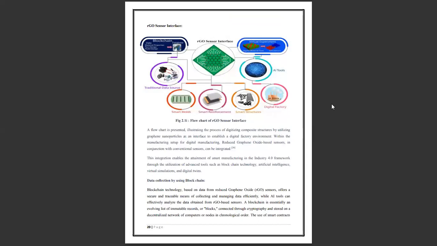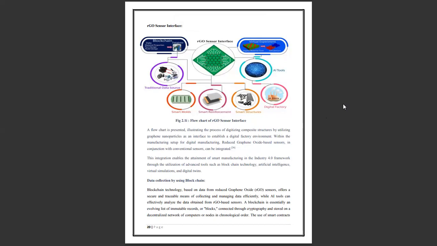Now, look at the figure. This figure shows a flowchart of RGO sensor interface. RGO meaning reduced graphene oxide. A flowchart is presented illustrating the process of digitizing composite structures by utilizing graphene nanoparticles as an interface to establish a digital factory environment.